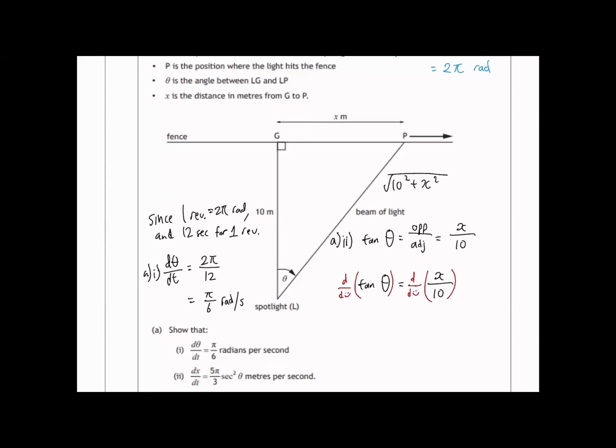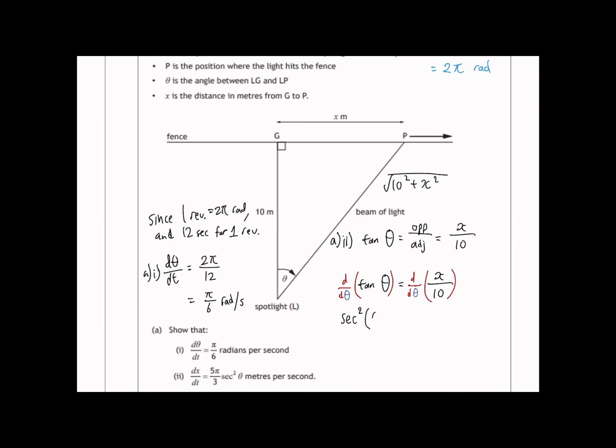Oh, sorry, you haven't learned implicit differentiation technically. Hold on. Then maybe we choose theta first. Let's choose theta. Then differentiate tangent, you get what again? Secant square of theta, right?